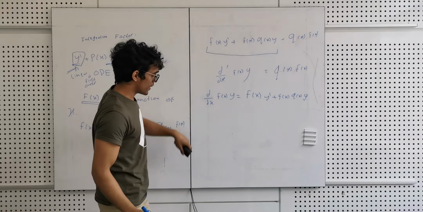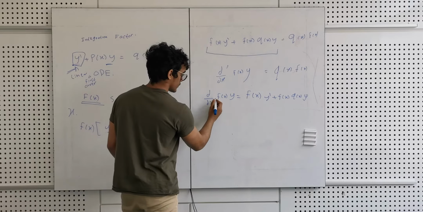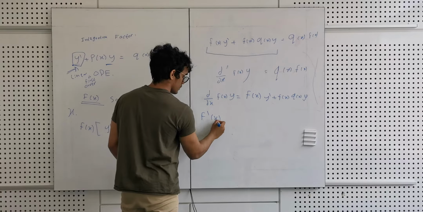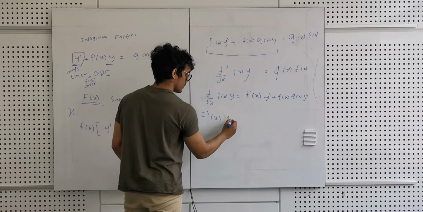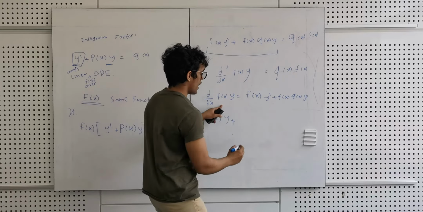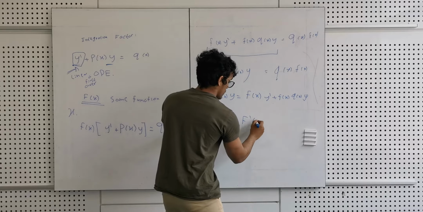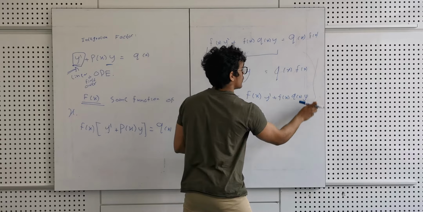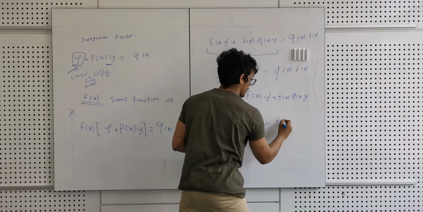And let's differentiate the left hand side by the product rule. And let's say f prime of x times y will be equal to the right hand side of the equation.